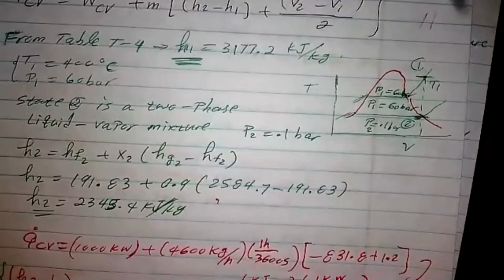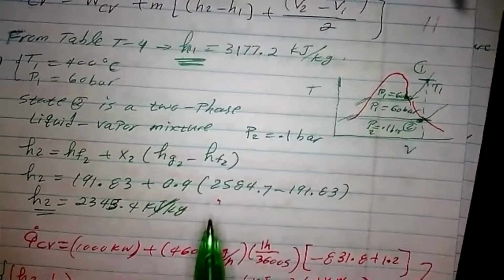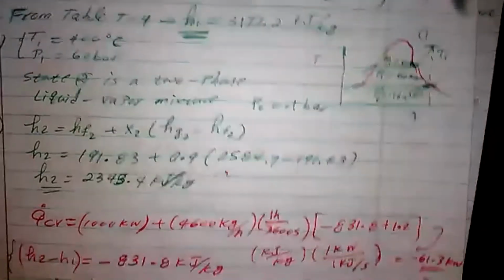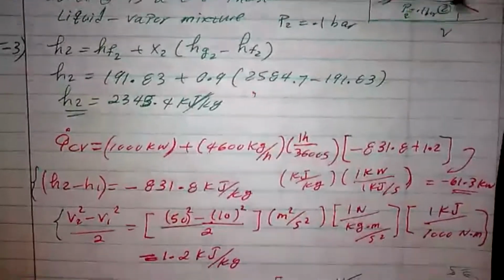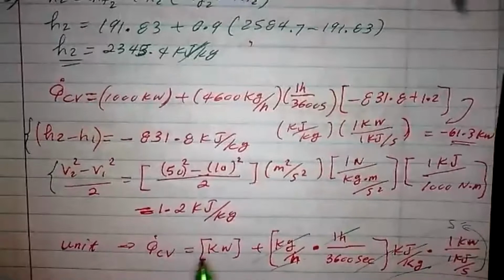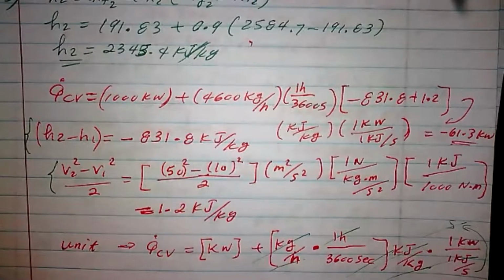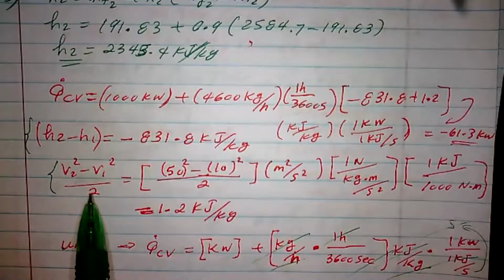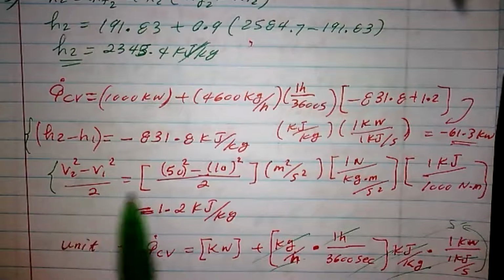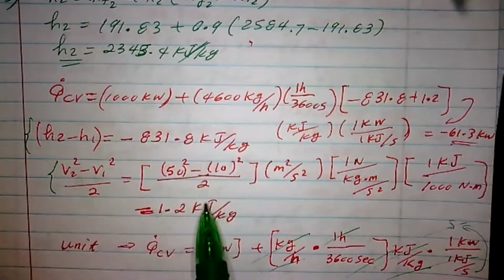So separately, since I already have the H2 minus H1, I'm going to just come up with a number, which is a negative number, okay? H2 minus H1 is minus 831.8. And then we have the kinetic energy here, V2 squared, which is 50 squared minus 10 squared over 2.